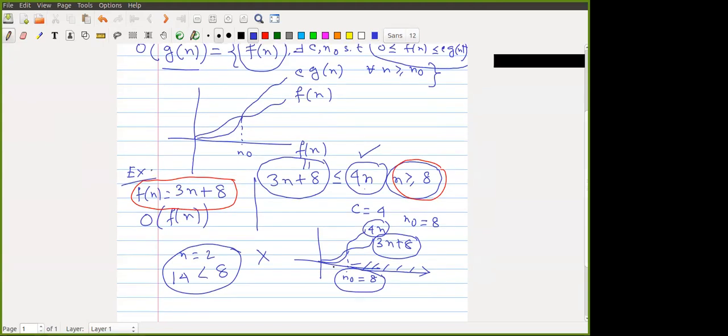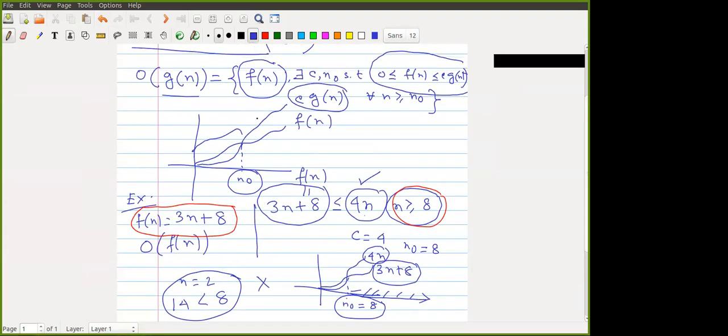My point is that once the parameter n goes above this threshold n naught, the function c g(n) dominates the function f(n). By dominating, I mean its value is at least as large as the other function. But before this threshold, we cannot say anything. Up till now, is it okay? So this big O notation gives me an upper bound.